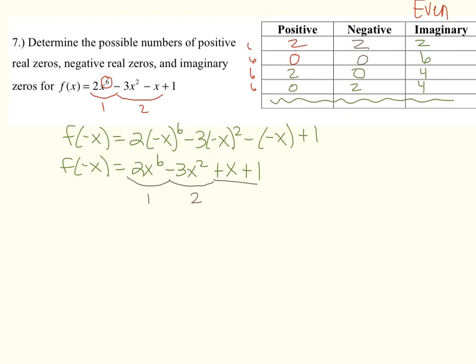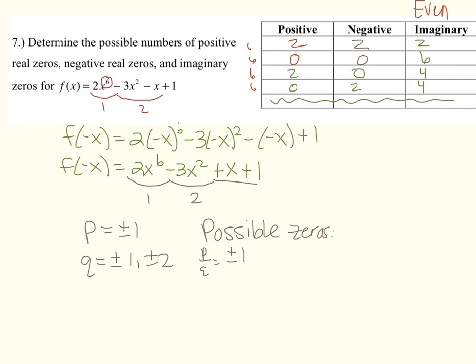I didn't list out P and Q yet, so let me go ahead and do that. So P is 1, so it's plus or minus 1. Q is 2, so it's plus or minus 1, plus or minus 2, which means your possible zeros would be P divided by Q. So 1 divided by 1 would be 1, 1 divided by 2 would be 1/2.